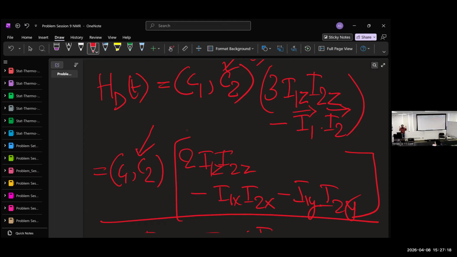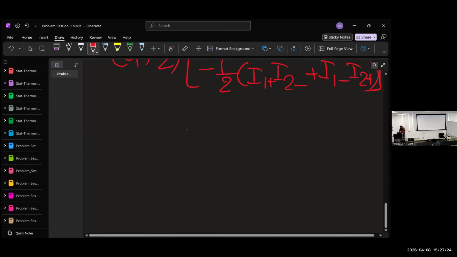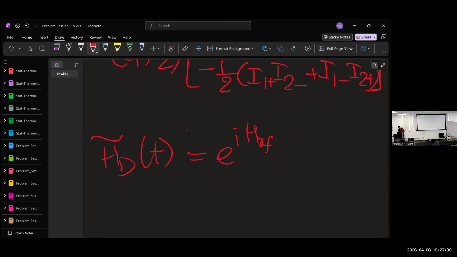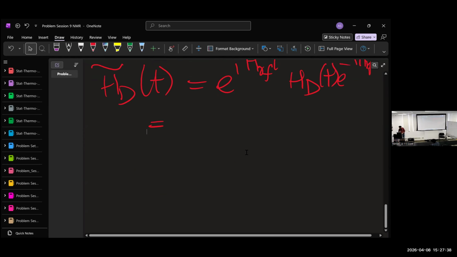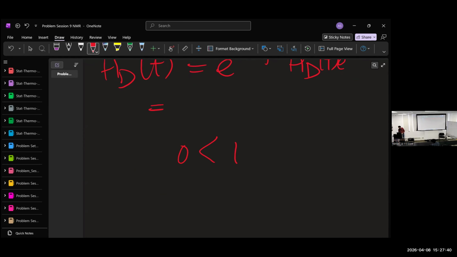But if you follow my logic, which leads you to say that, in my toggling frame, defined like this, for 0 less than t less than tau R, for the entire rotation period, I just get the same thing over and over again.